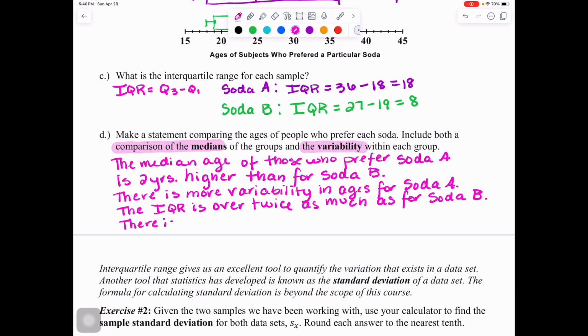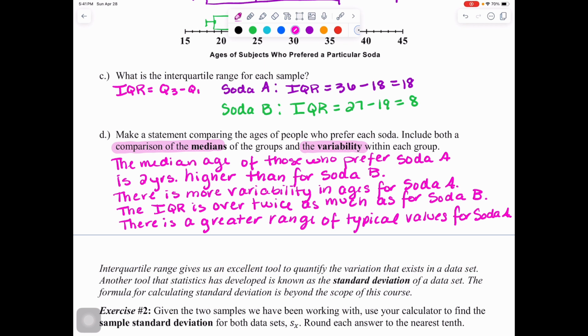There is a greater range of typical values for soda A.